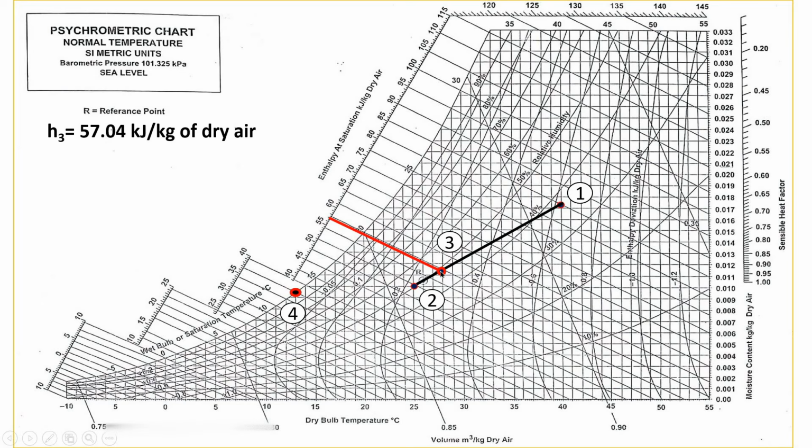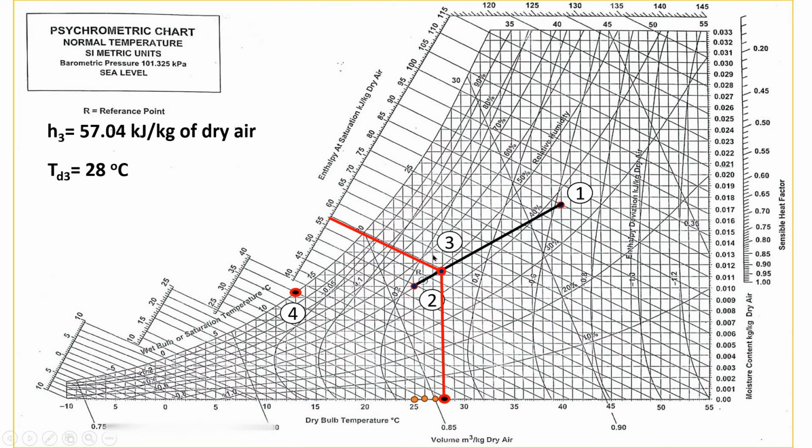Now here we have located point 3 by using enthalpy H3. So we can read the value from here also. If you draw a vertical line from this, then this temperature is TD3. Here it is 25, 26, 27 and 28. So TD3 is equal to 28 degrees Celsius, which is the same.